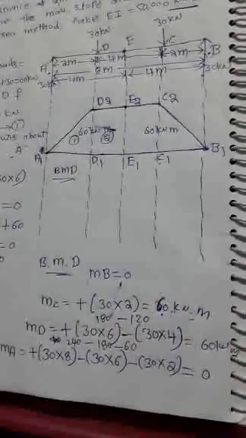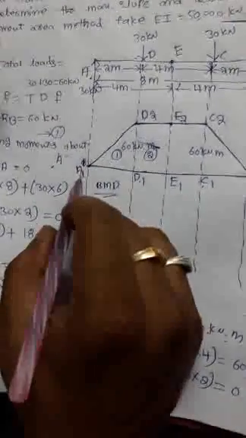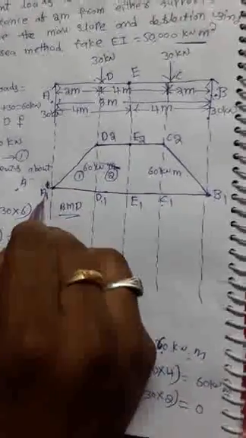For this diagram we are going to find the area of the bending moment diagram, the area of BMD between the lines A1, E1, E2 and D2.